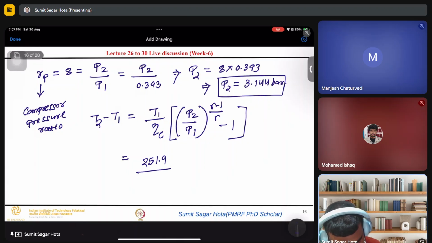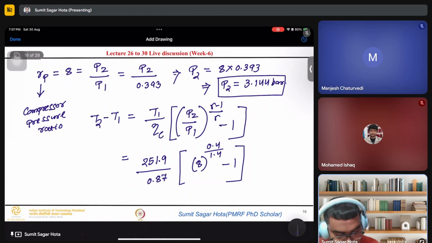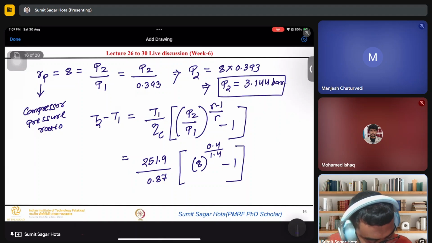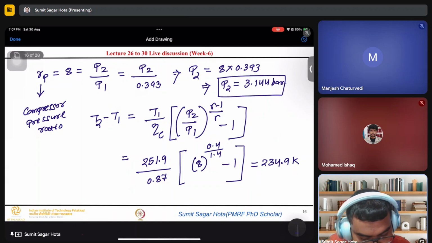251.9 by 0.87 into 8 to the power 0.4 by 1.4, minus 1, which if you solve you will get 234.9 Kelvin. So this is your T2 minus T1.